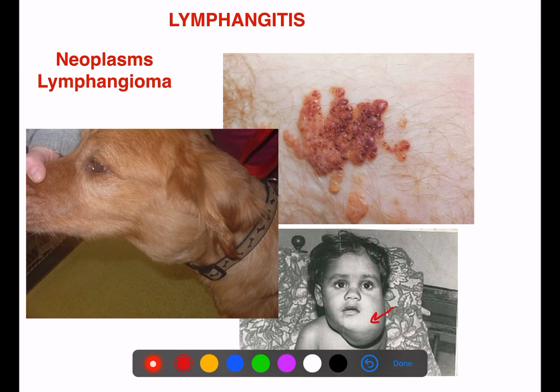Neoplasia of lymphatic tissue: as we talked about lymphoma within the chapter of neoplasia, and lymphosarcoma for the malignant type, as we see in this picture. This is a lymphosarcoma, proliferation of lymphatic tissue.